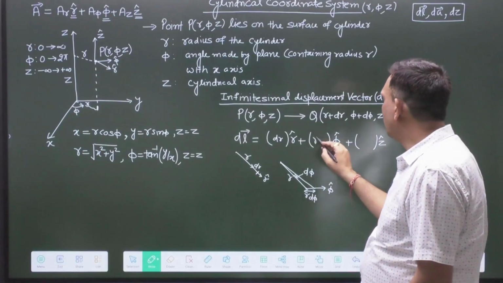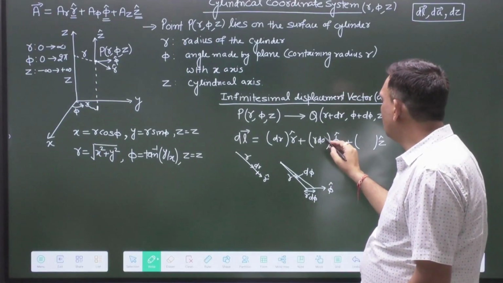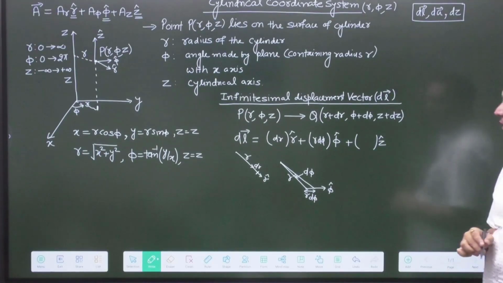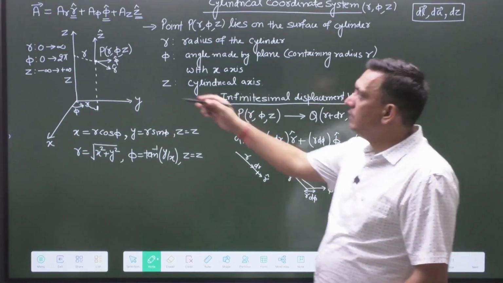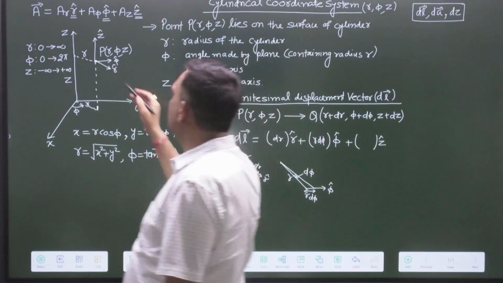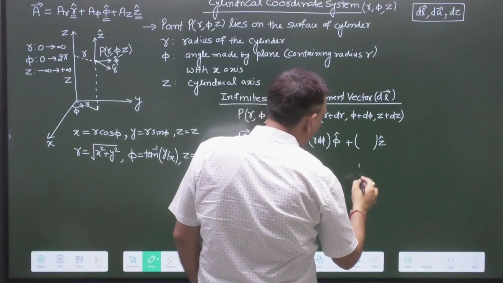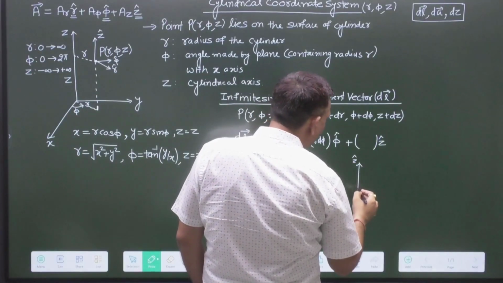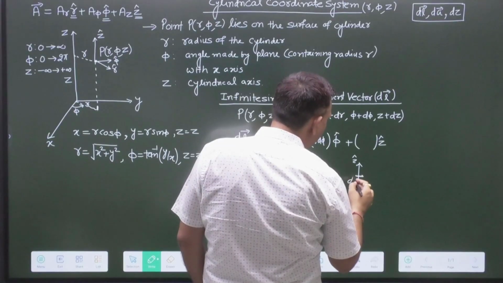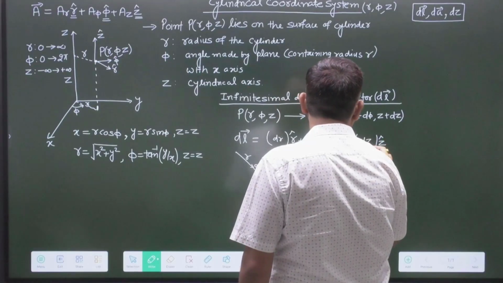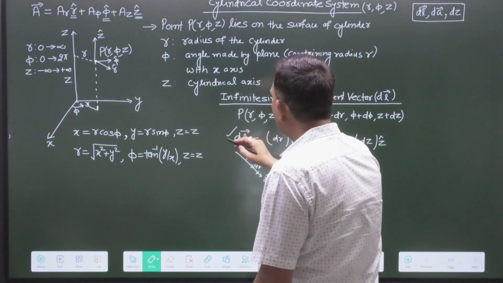So this will be r d phi. And the change along z cap is simply dz. So this will be the dl vector in cylindrical coordinates.